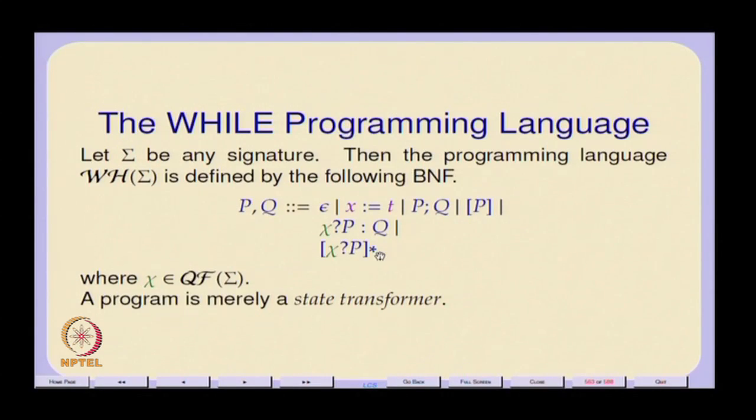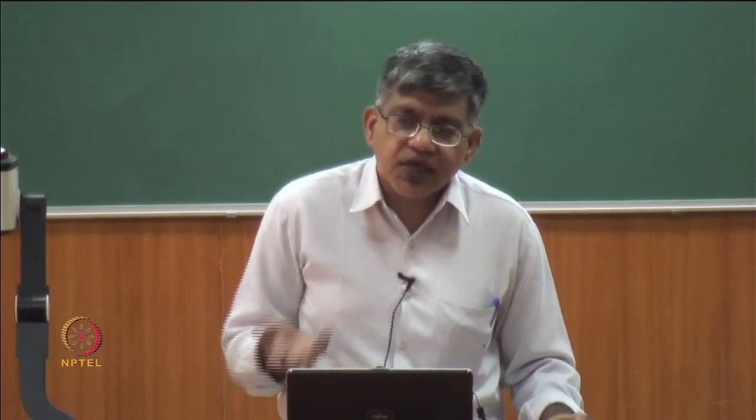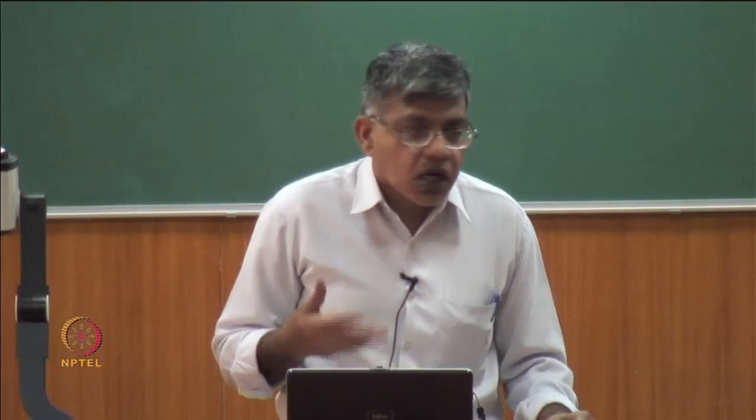This is a simple programming language, but it is sufficiently powerful to encode any universal Turing machine. I mean, for example, we do not have functions and so on and so forth. You do not have things like for loops, because for loops can all be rendered as while loops.